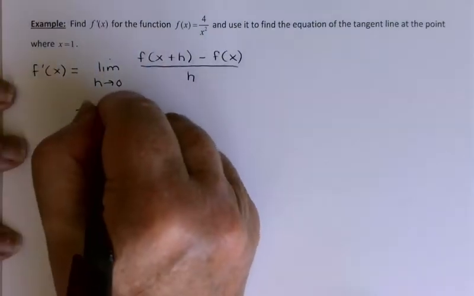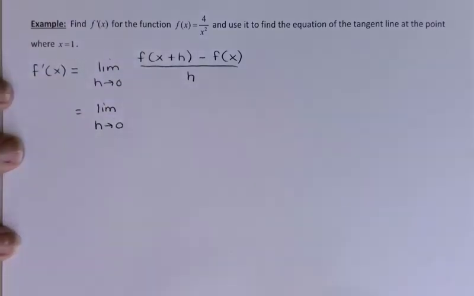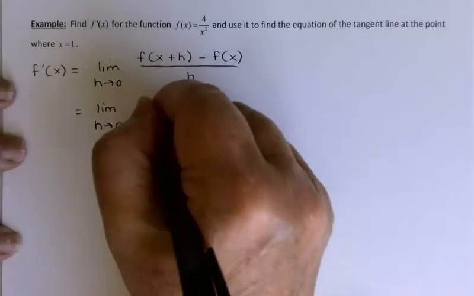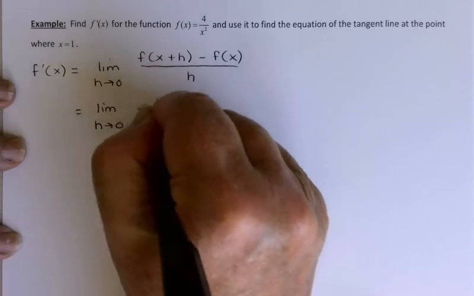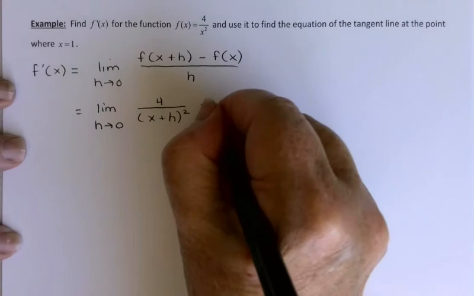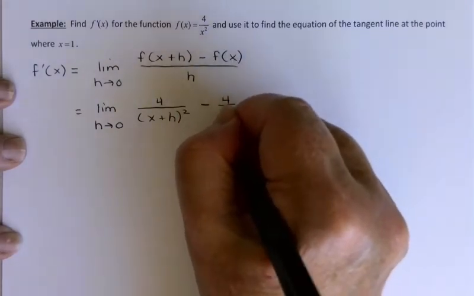And then I'm just going to start plugging in what this means when my function is 4 over x squared. So I replace the x with x plus h, and I'm going to have 4 over x plus h squared minus f of x itself, which is 4 over x squared.